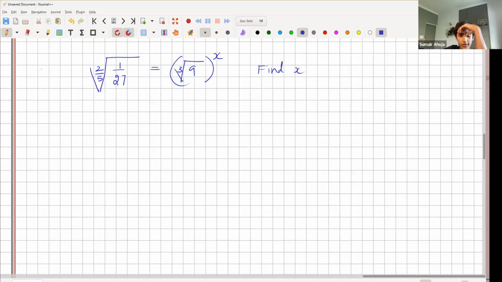So we're not allowed calculators, right? No calculator needed for this. So is x an integer or like? No, x need not be an integer. X could be anything.